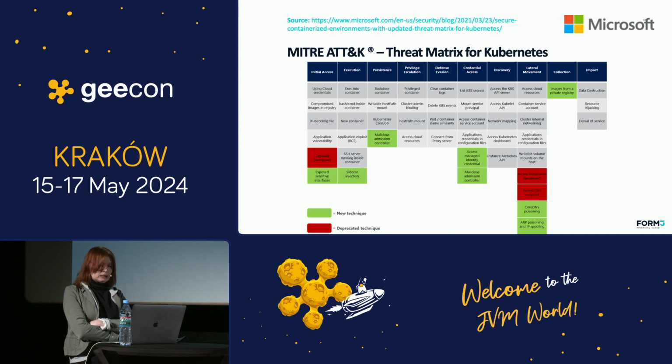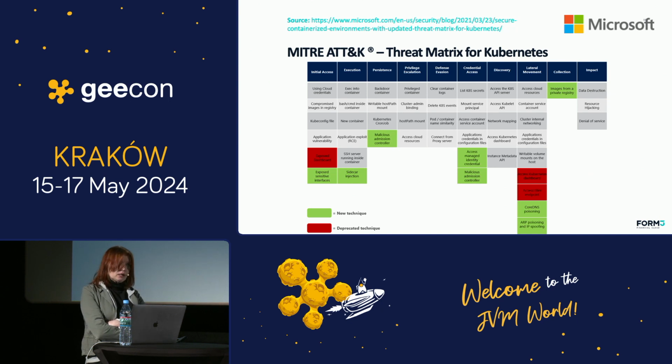You see different phases for a successful exploit, like initial access, execution, persistence, privilege escalation, and so on and so on. And this one takes a more detailed and more technical approach on specifying risks and possible threats.